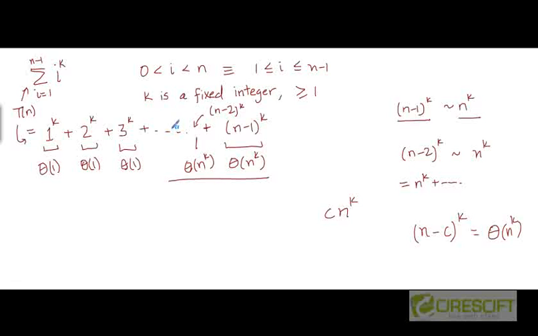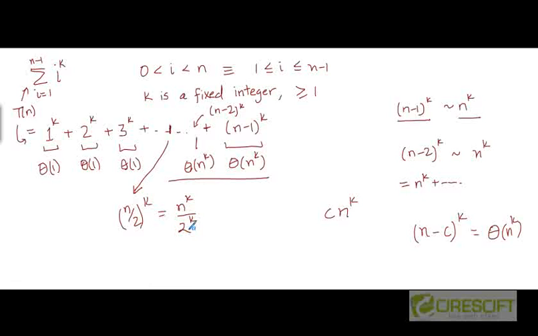The middle term here will be approximately, since i is varying from 1 to n minus 1, let's just say that the middle term will be the term where i is equal to n by 2, approximately. So the middle term then will be n by 2 to the power k. This can be written as n to the power k divided by 2 to the power k.